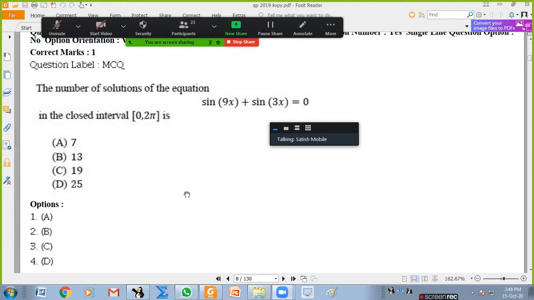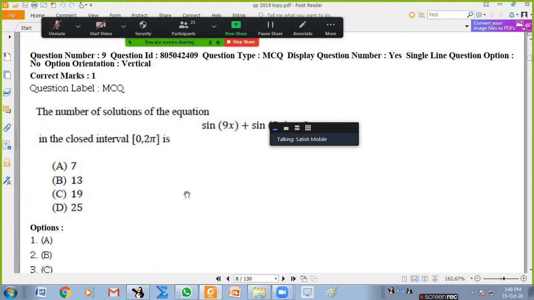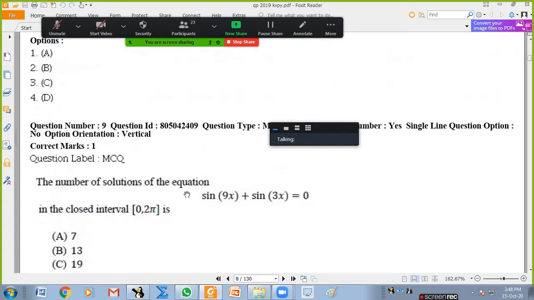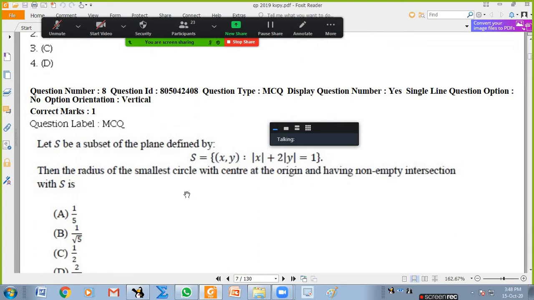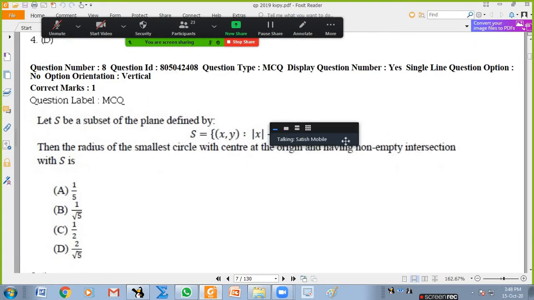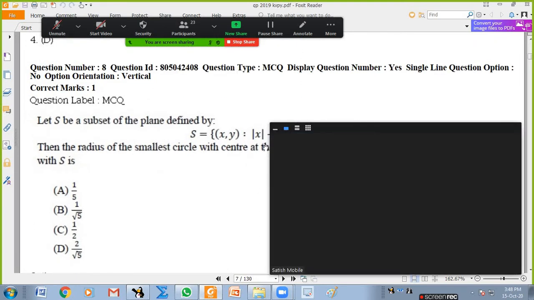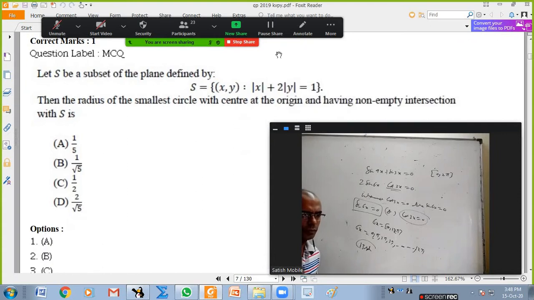Is it okay? Ninth one? Okay, eighth one. If you do it graphically, this one is easier, eighth one.